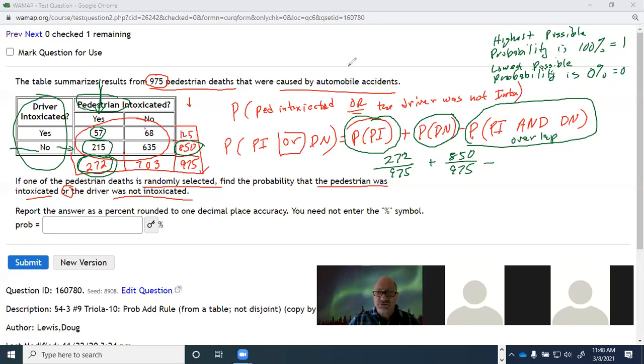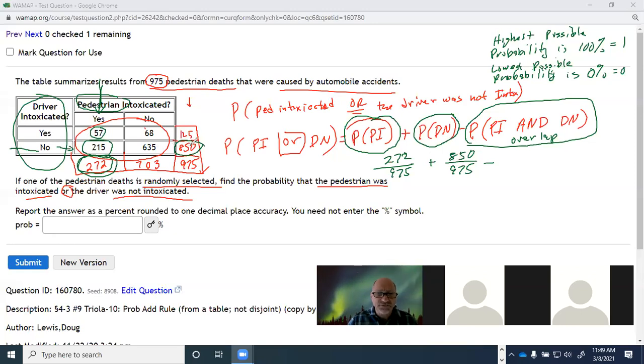And now let's go to the next one, the probability that the driver was not intoxicated. Where did that 850 come from? It came from the drivers who were not intoxicated row, the 215 where the pedestrian was intoxicated, and the 635 where the pedestrians were not intoxicated made up this 850.